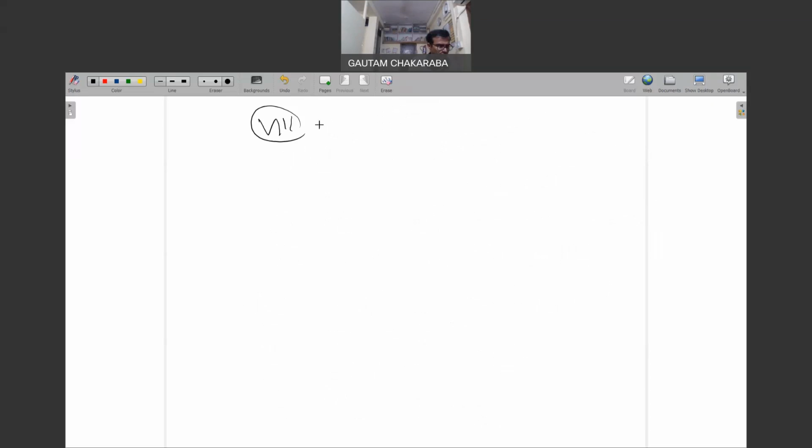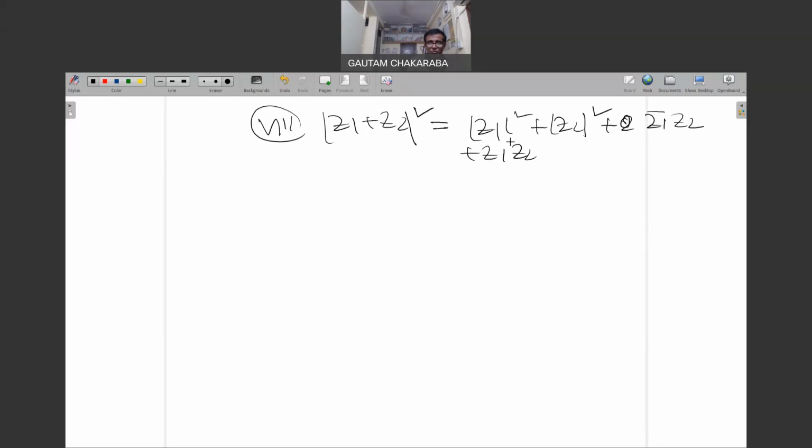So next part is modulus of Z1 plus Z2 squared, equal to modulus Z1 squared plus modulus Z2 squared, plus you can write Z1 conjugate into Z2 plus Z1 into Z2 conjugate.